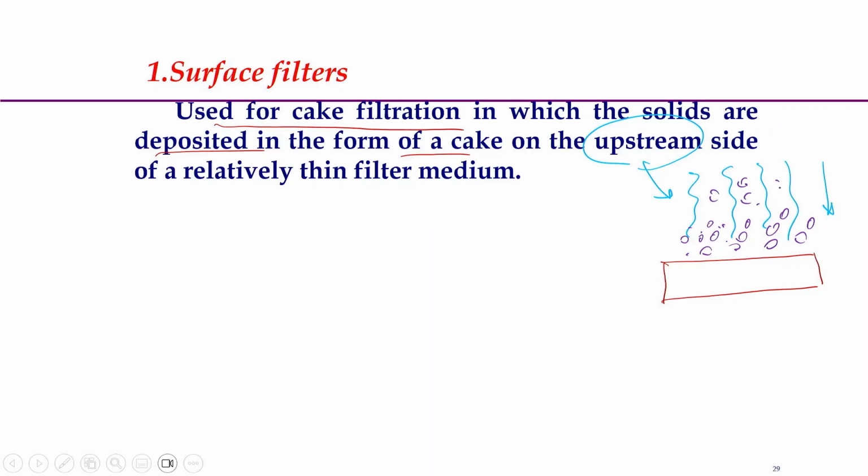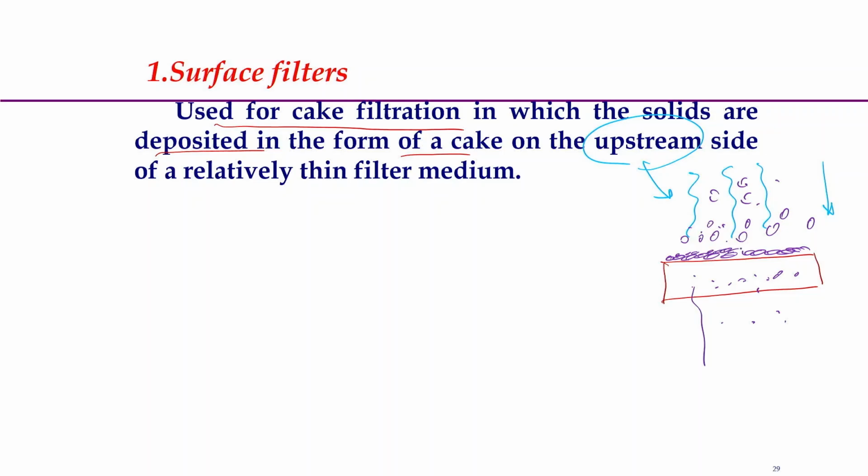The small particles will move through to the other side, or may be arrested within the structure, but the larger particles will form cakes on the surface initially, and then the pore size will get reduced gradually.